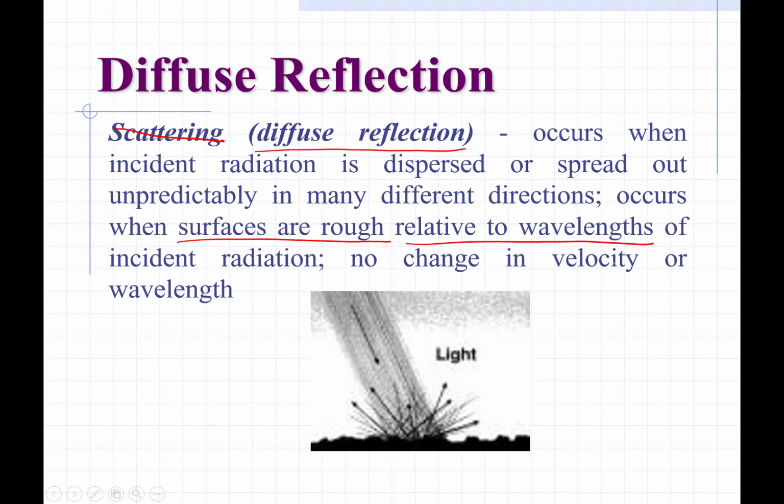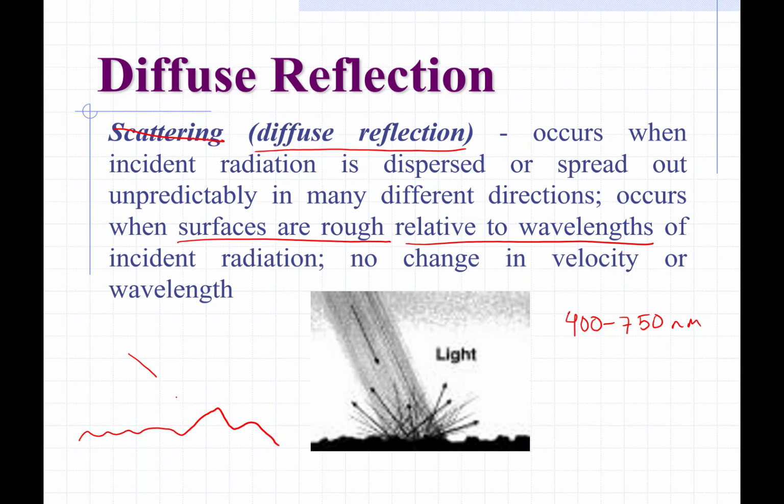Most surfaces are pretty rough compared to the wavelength of visible light, which again is something like 400 to 750-ish nanometers, very small. So light kind of scatters in random directions. Now keep in mind that this light is still obeying the law of reflection. It's still scattering off of the surface at the angle that it hits.